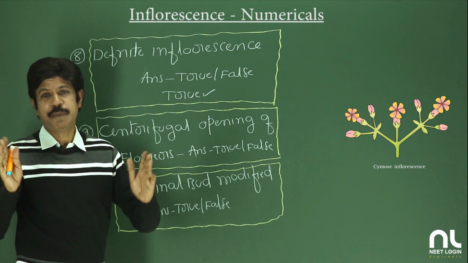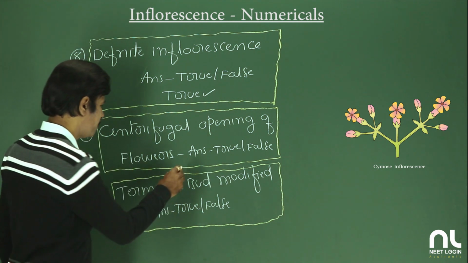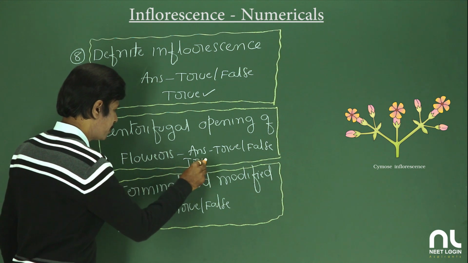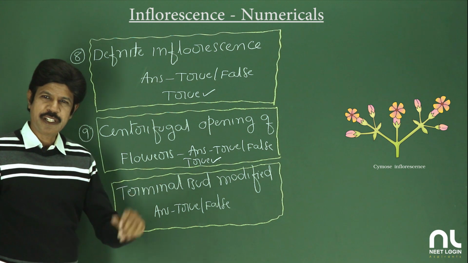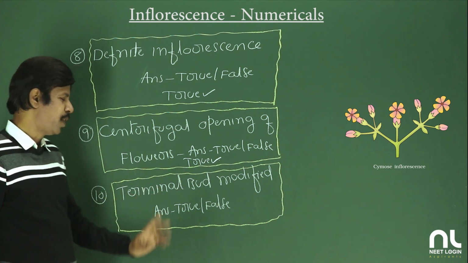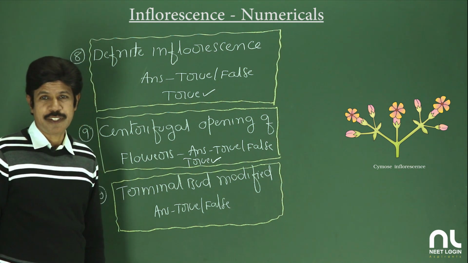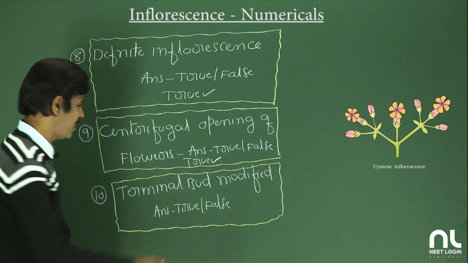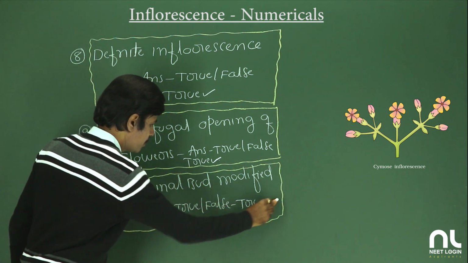From the center to the periphery, centrifugal opening of flowers. So it is true. Tenth question, terminal bud modified. So terminal bud, it is modified into flower. That's why it is a definite inflorescence. So it is true.